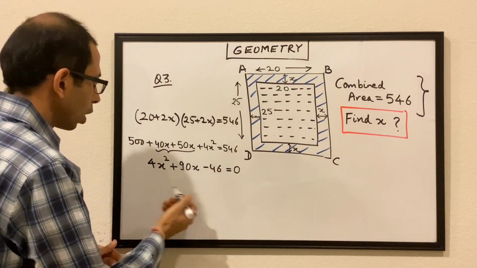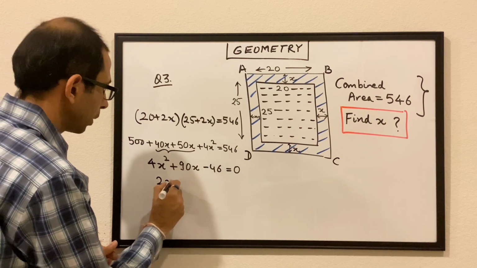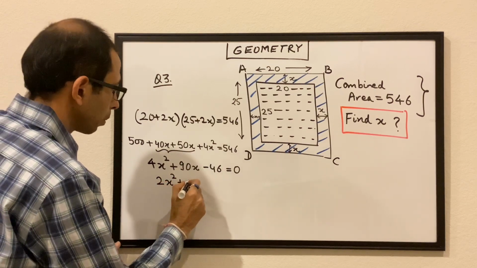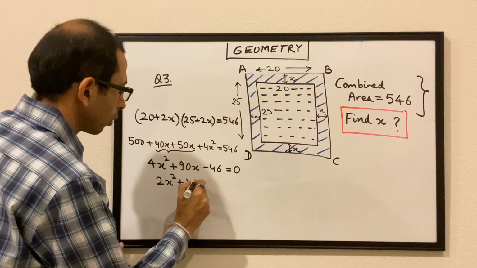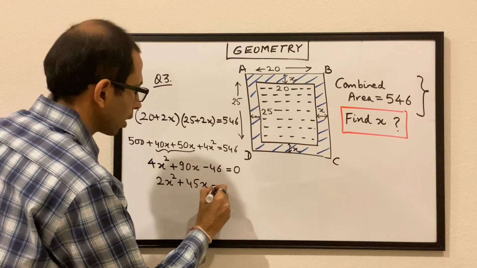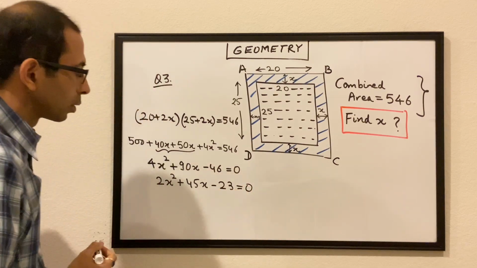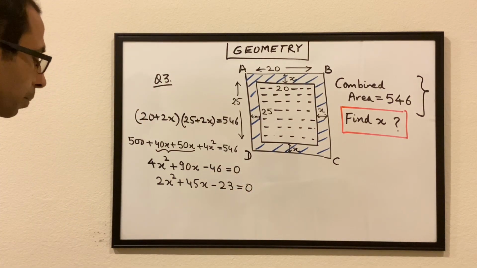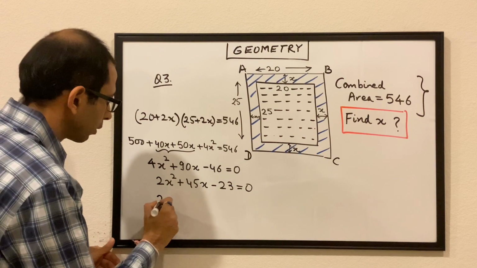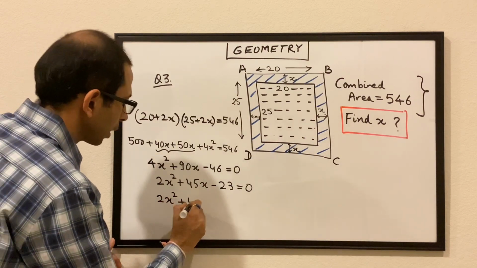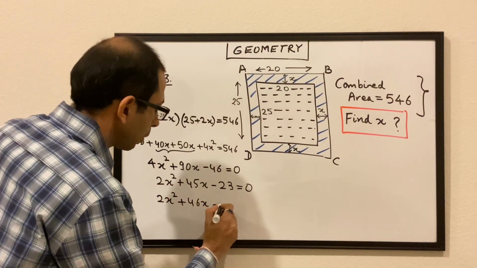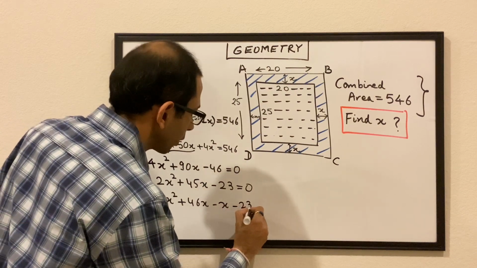We can take 2 common to simplify it a little bit, so it becomes 2x square plus 45x minus 23 is equal to 0, right? We can factor it out. It becomes 2x square plus 46x minus x minus 23 is equal to 0.